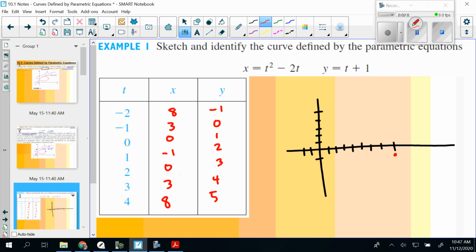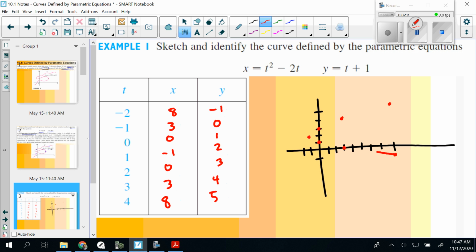Our second point, when we put the parameter of -1 in, we get (3, 0), which is right here. Putting 0 in, we get (0, 1), located there. With 1, we get (-1, 2), which is here. The next points give us (0, 3), (3, 4), which is there, and the final point (8, 5), which is here.